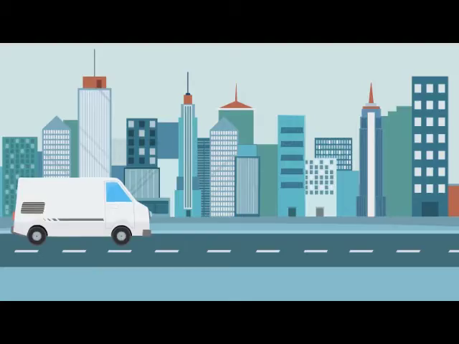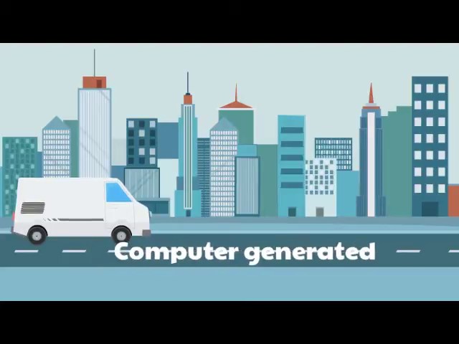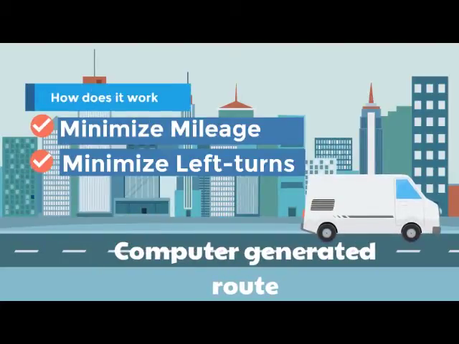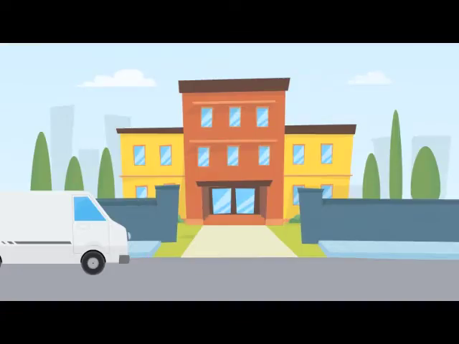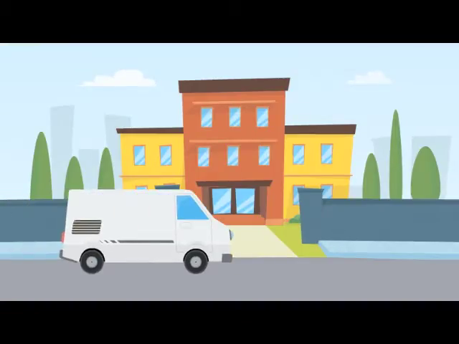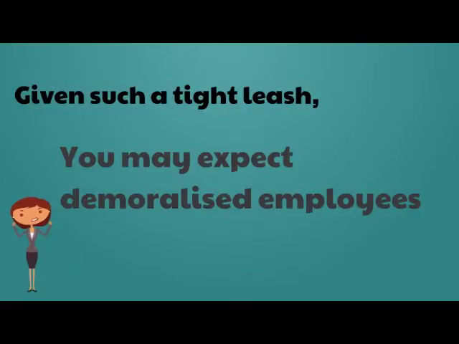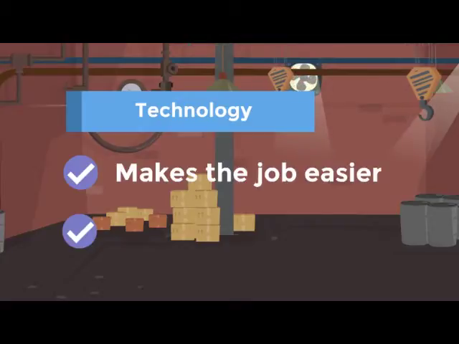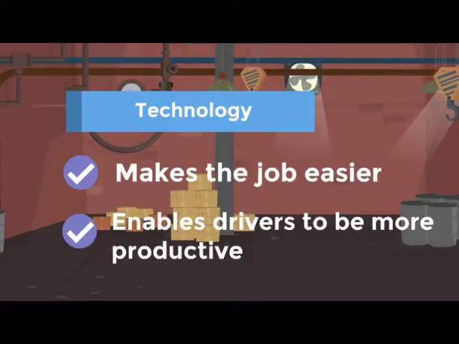Drivers follow computer-generated routes which minimize mileage and left turns to save time and gas. Even the number of steps to your door is pre-measured by GPS. Given such a tight leash, you might expect demoralized employees. But the technology makes the job easier and enables drivers to be more productive.